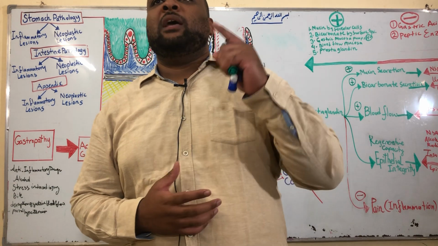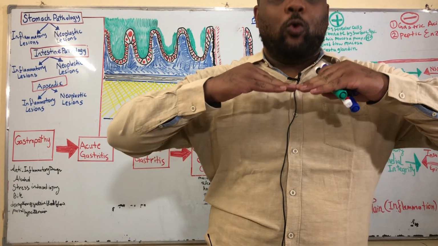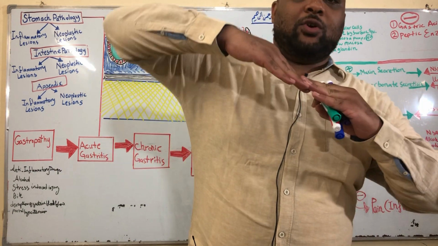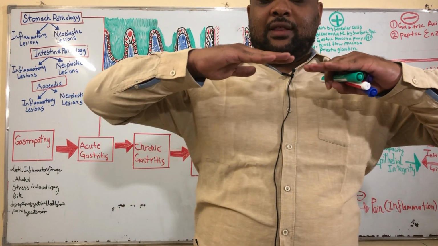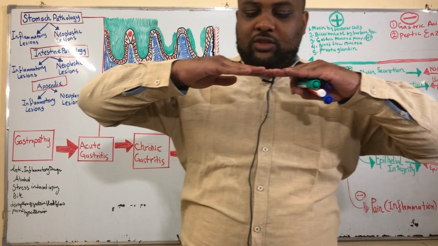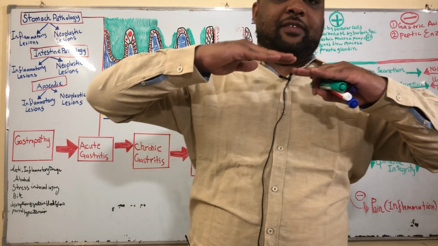Okay, another very important thing you must know. There is like a tug of war, or maybe a seesaw. There are two factions. There are factors that try to overwhelm the defense mechanism.